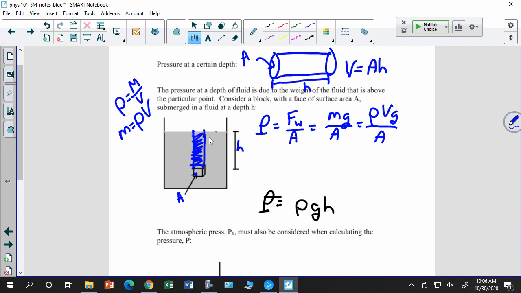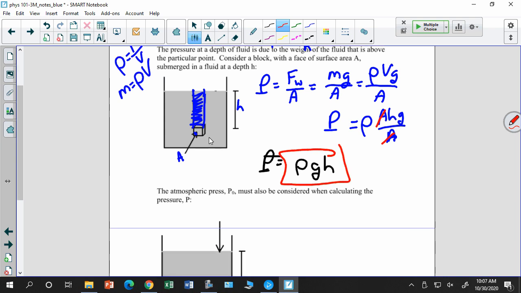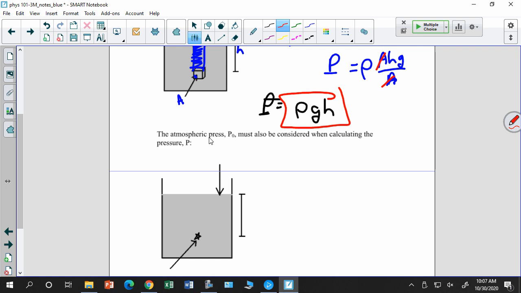So I can substitute that here, and I get P equals rho A h g divided by A. And then these A's cancel, and I get this equation for P. But I also have to consider that there is also an atmospheric pressure, P naught. I'm going to call it 1 atmosphere. Say you're at sea level.